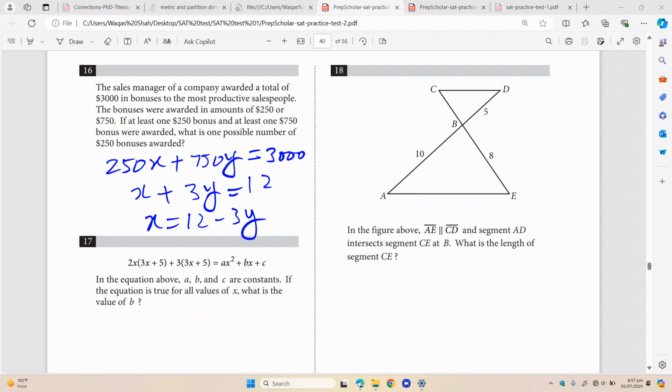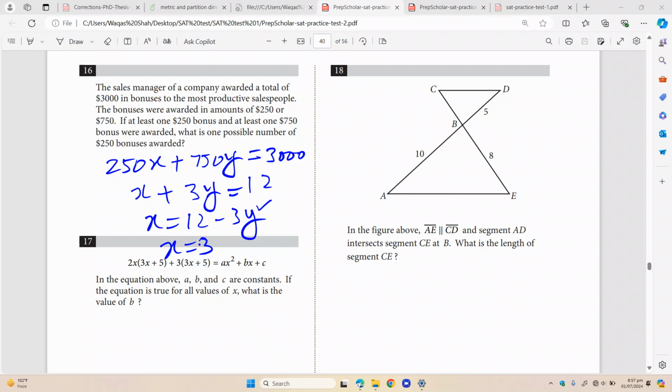So if x is equal to 3, like x must be a multiple of 3 so that we can have a non-fraction, a whole number for y.